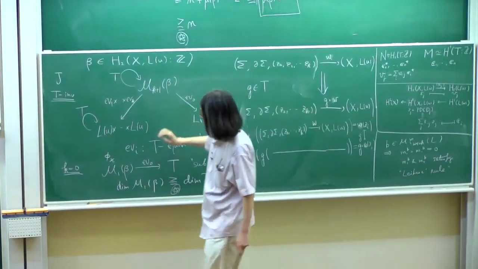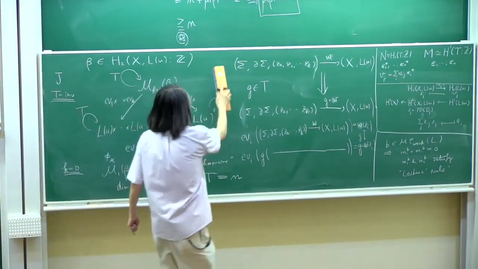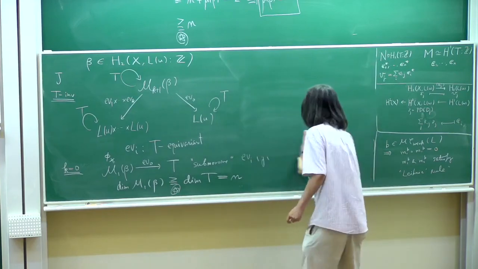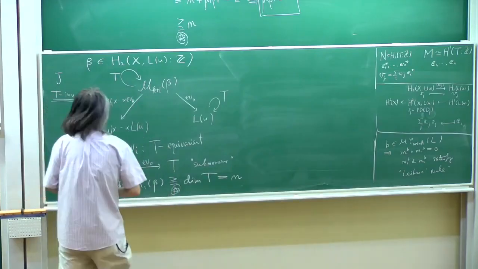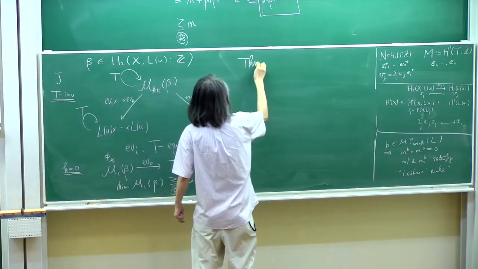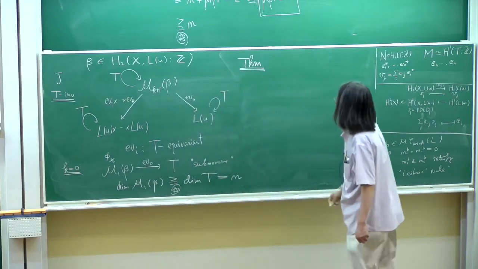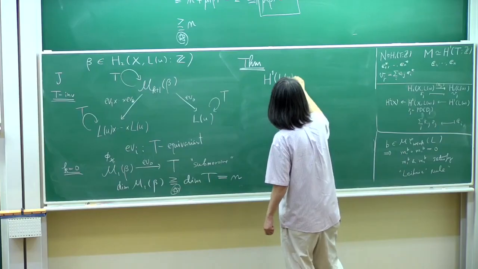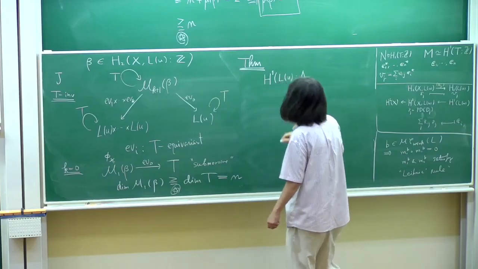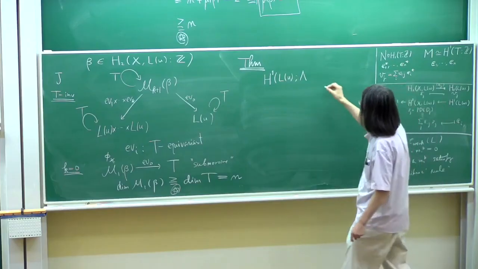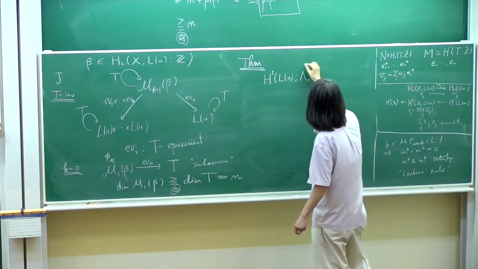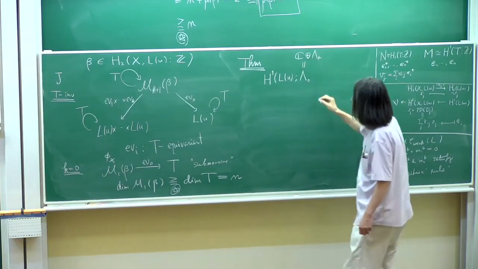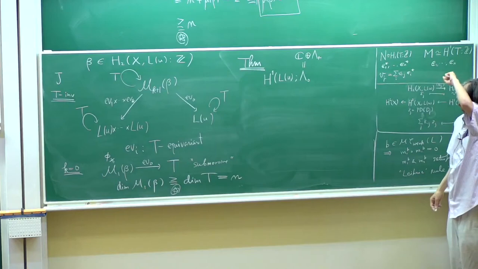Next, I come back to this diagram and try to see something. So, theorem is this. So this H1 of this LU with this lambda, in fact the lambda 0 part, must be discussed a little bit more carefully.